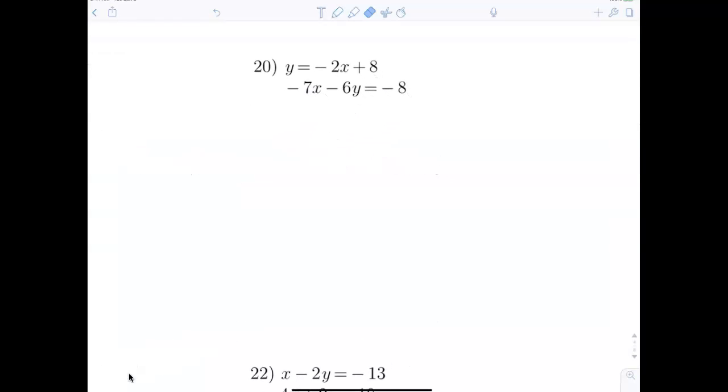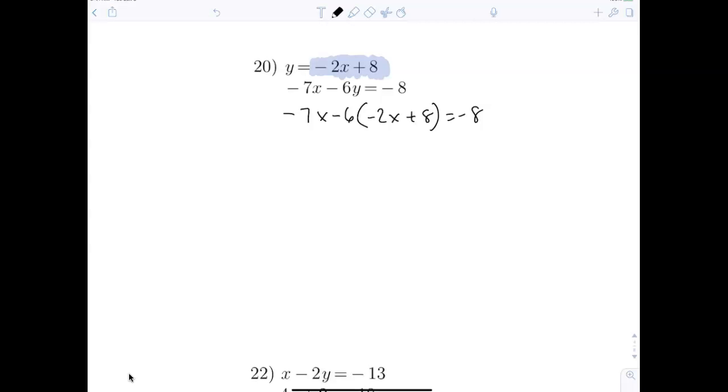For number 20. So again, we know that y is equal to negative 2x plus 8. So that means wherever we see y, we can put what? Beautiful. So now I have negative 7x minus 6, parentheses, negative 2x plus 8, close the parentheses, equals negative 8.